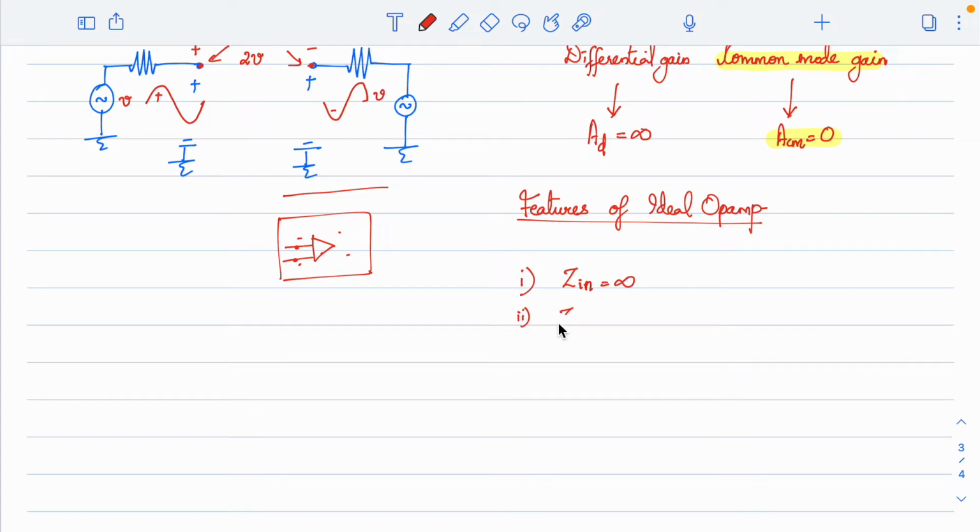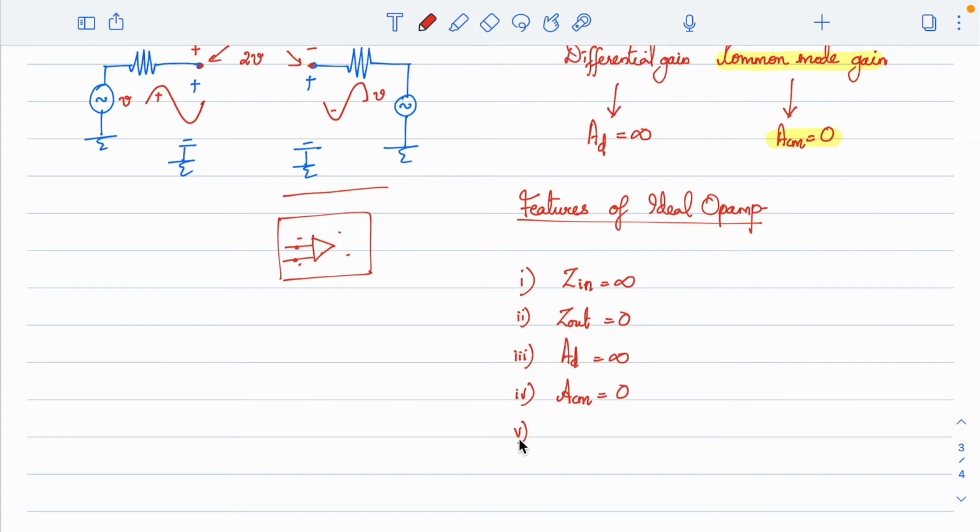The second thing is output impedance should be equal to 0. The third one is differential gain should be equal to infinity. The fourth one is common mode gain should be equal to 0.